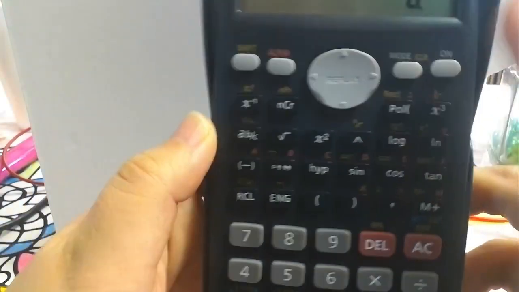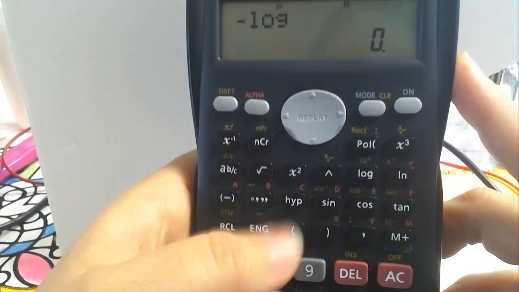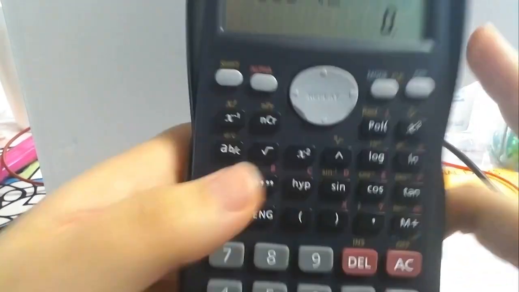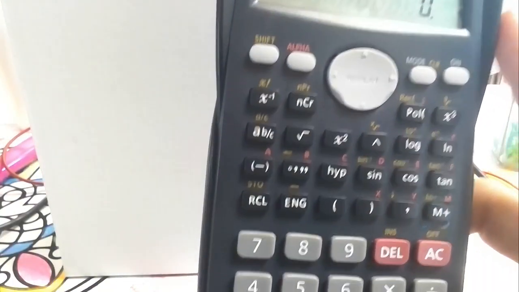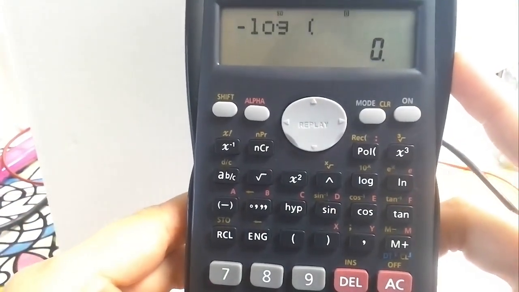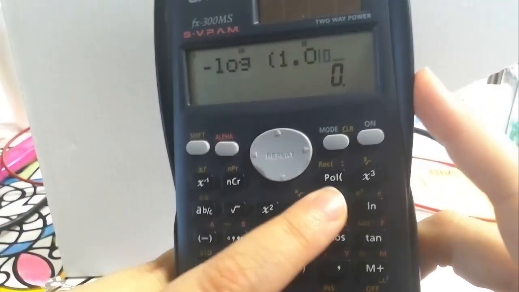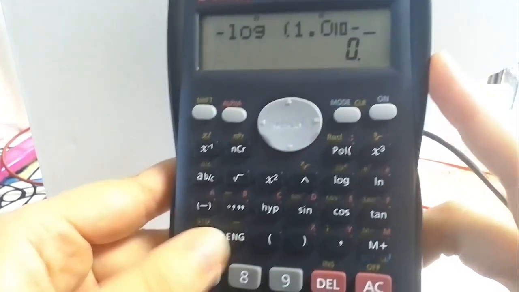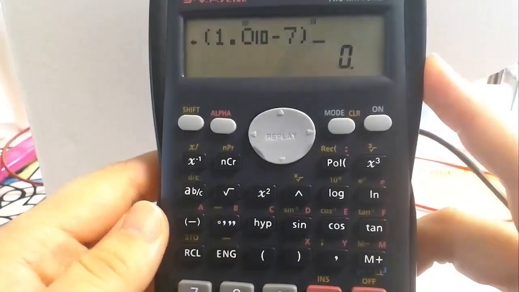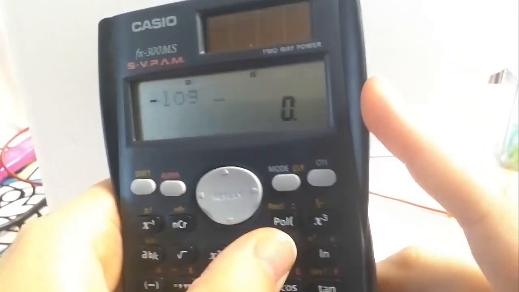So if I type this in, it's going to start with the negative sign, and then I type log, open parentheses, and that number was 1.0 times 10 to the negative 7th, so I can either type it as a decimal with all those 6 zeros, or I can just type 1.0 and then shift log negative 7, and then close my parentheses. And I get 7.